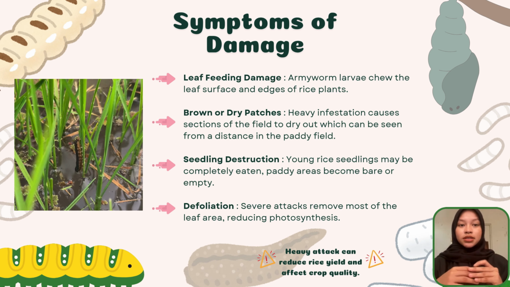Third is the seedling destruction. Young rice seedlings may be completely eaten, and paddy areas become bare or empty. The last one is defoliation. Severe attacks remove most of the leaf area, reducing photosynthesis. To add a little note, heavy attack can reduce rice yield and affect crops.